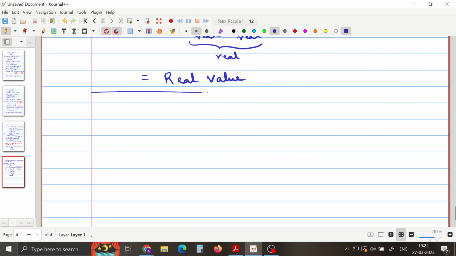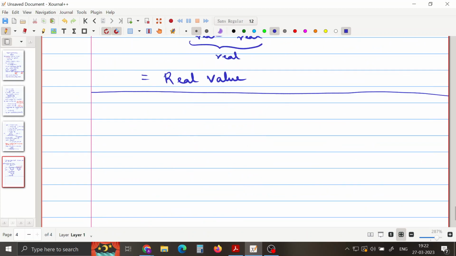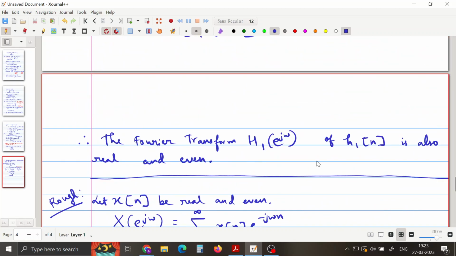Okay, so let us continue. Now if this Fourier transform, which is H1 of e power j omega, is real, what is its phase?